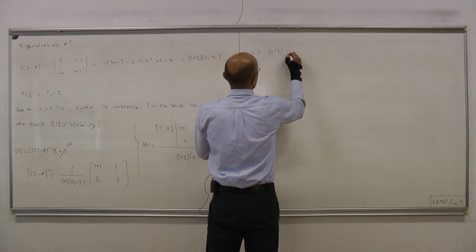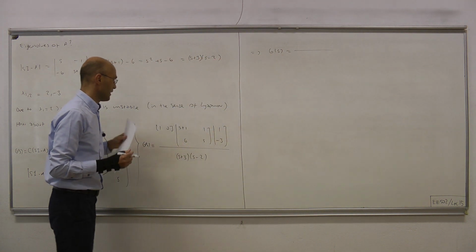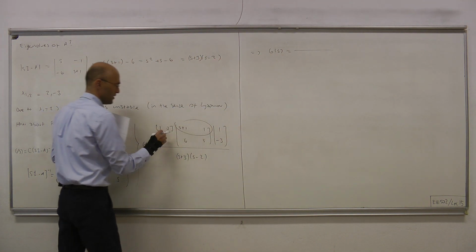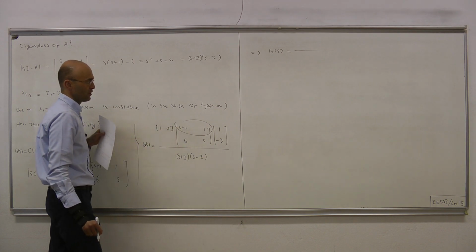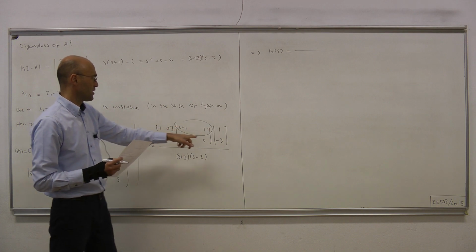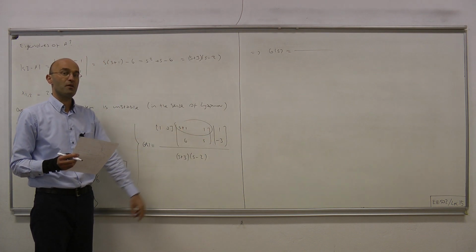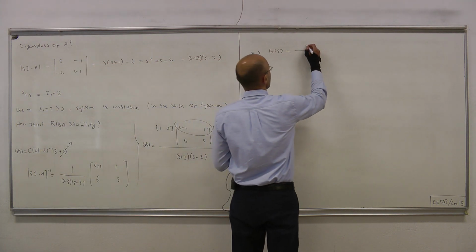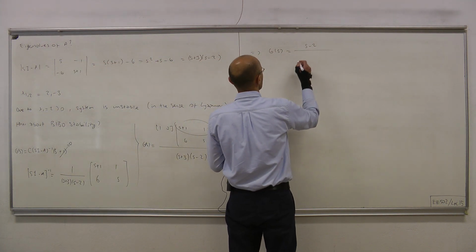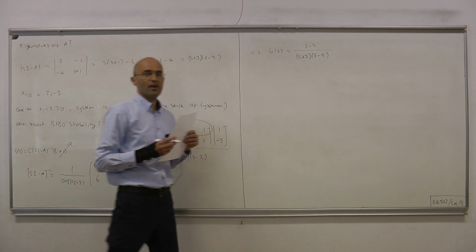Therefore, G of s equals, okay, this C will pick the first row, and this first row times the B matrix is s plus 1 minus 3. s plus 1 minus 3 is s minus 2. So here we have s minus 2. And the denominator is (s plus 3)(s minus 2). Okay?